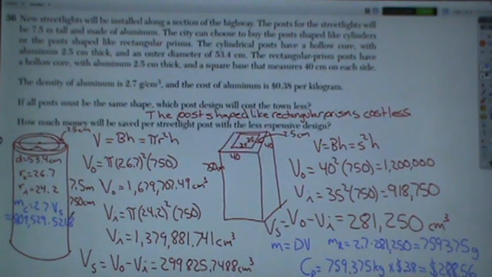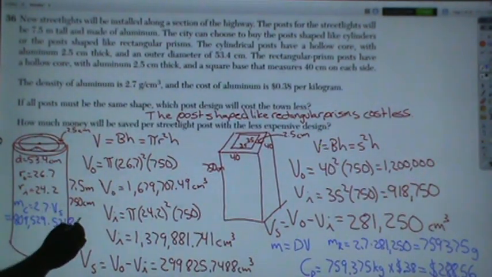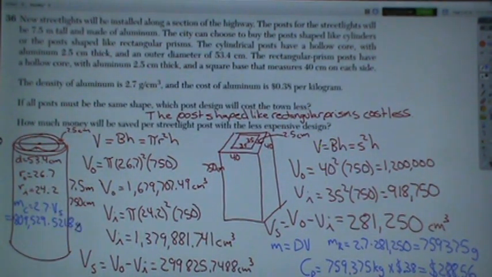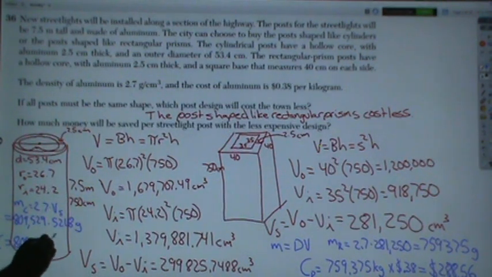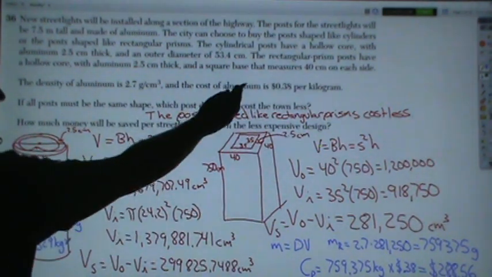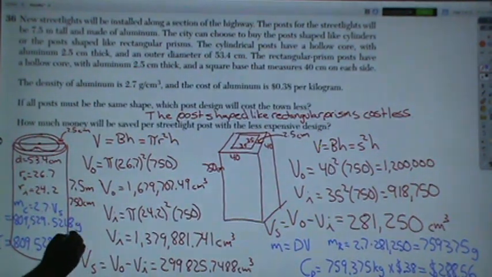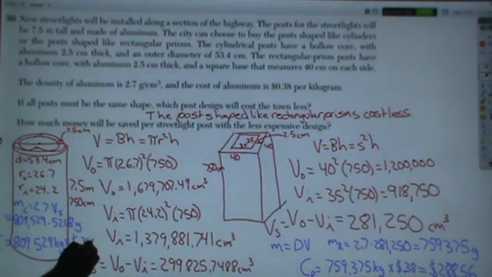Now, to get my cost, I have to change this to kilograms, right? Because this is in grams. So when I change to kilograms, I move the decimal 3 places to the left. And I would say that it would be fair to estimate and round and go to 809.529 kilograms. We're going to multiply that by the 38 cents per kilogram.